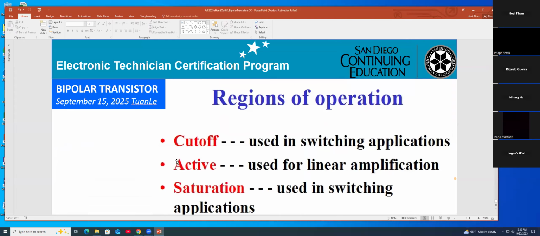For the transistor, the first thing to know is cutoff, active, and saturation.